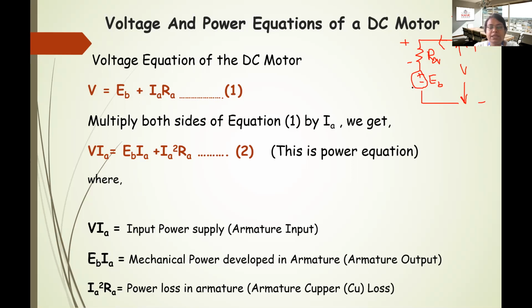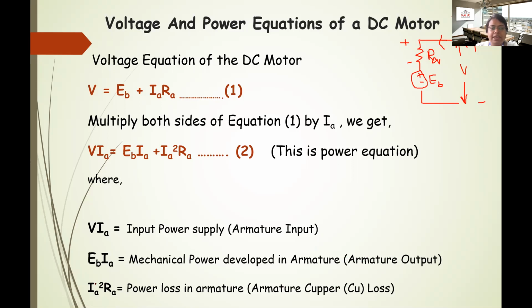V into Ia is the power given to the armature, and the mechanical power developed in the armature is Eb into Ia. So this Eb into Ia is the mechanical output, also called the armature output. This is the armature input and this is the armature output.